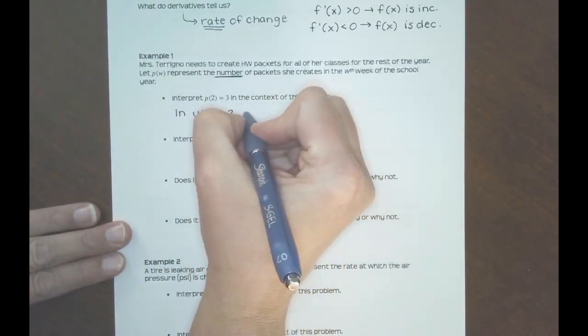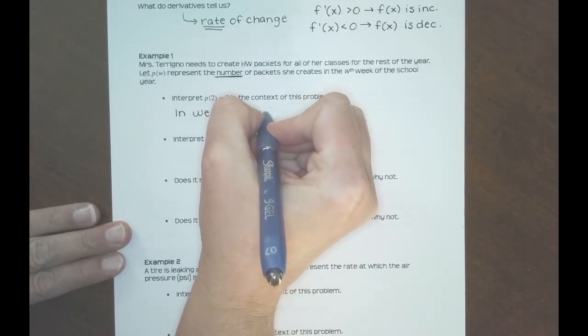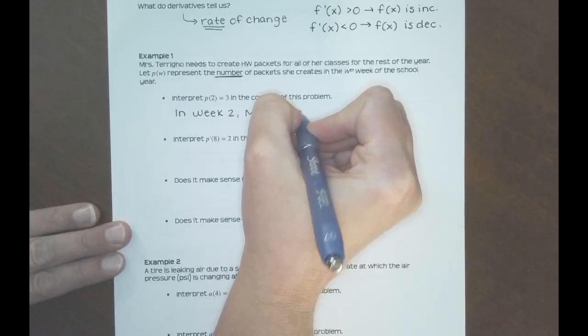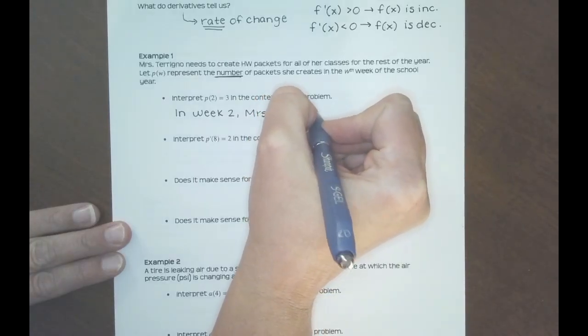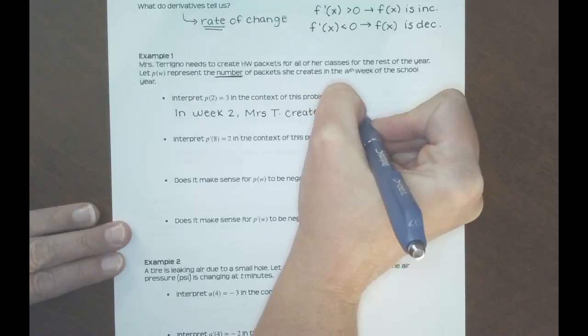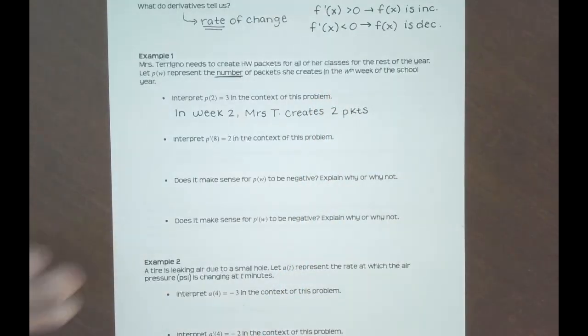So I'm just going to say Mrs. T creates 3 packets. Again, that function is talking about the number of packets. Pretty straightforward. I could have asked you that last year, in Algebra 1.